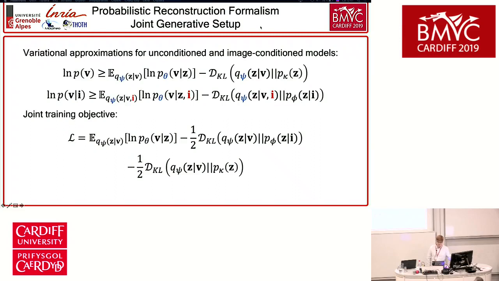Another possible extension to this model stems from the consideration of both an unconditional generative model and an image-conditioned reconstruction one. If we now write lower bounds for both of these models, we can see that if we drop the image conditioning in the decoder and posterior and share the parameters of decoder and posterior between unconditional and image-conditioned models, we can write a joint training objective, in which we introduce an additional unconditional prior p kappa.